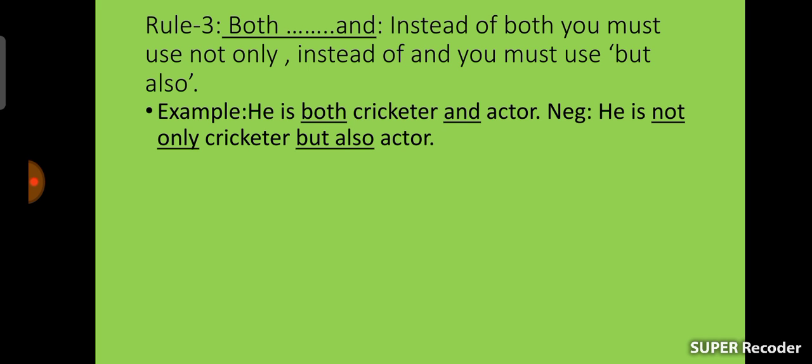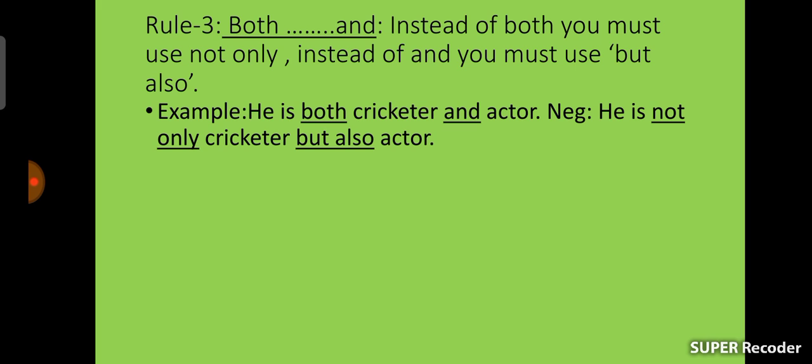Rule 3, very important rule: both and. Instead of both you must use not only, and instead of and you must use but also. We should use not only instead of both and but also instead of and.